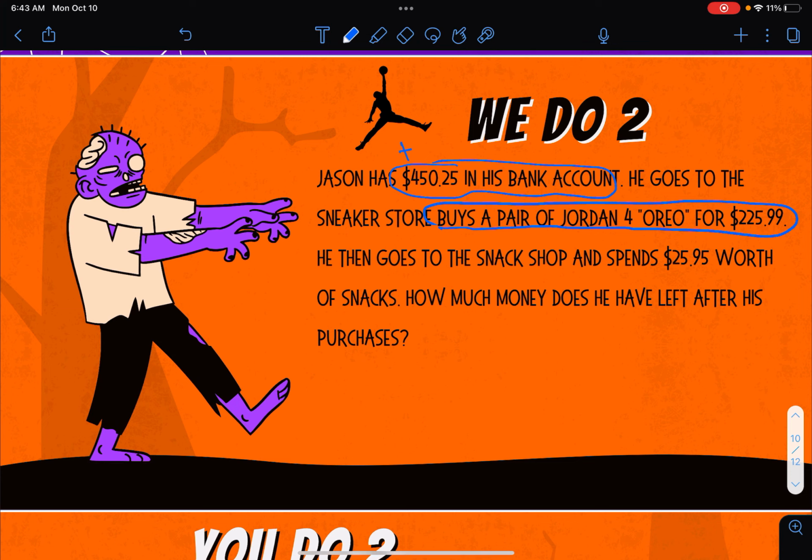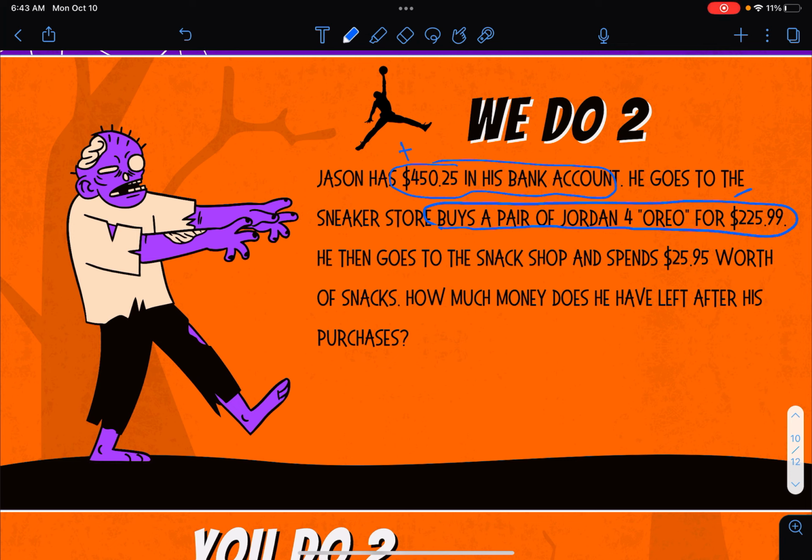Is that a positive or a negative if you're buying something? If you said a negative, you're correct. This is a negative because you're buying something, so that means you're subtracting it. You're taking it away. Your bank account is going down.